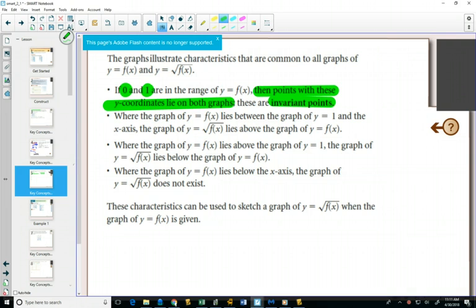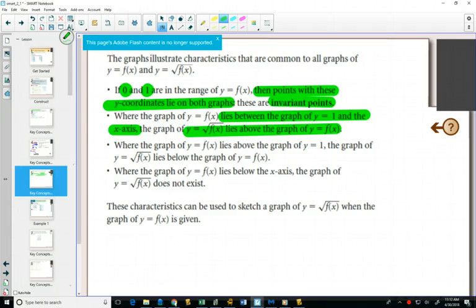If your graph lies between y equals 1 and the x-axis, in other words, when y is between 0 and 1, the square root graph will be above the original graph.